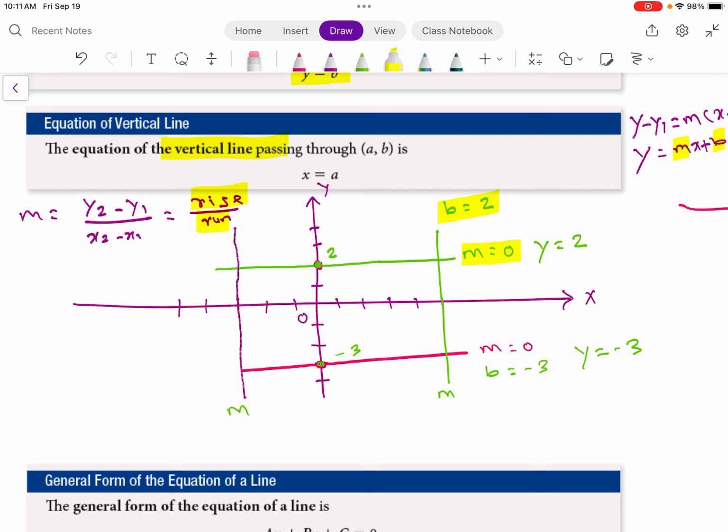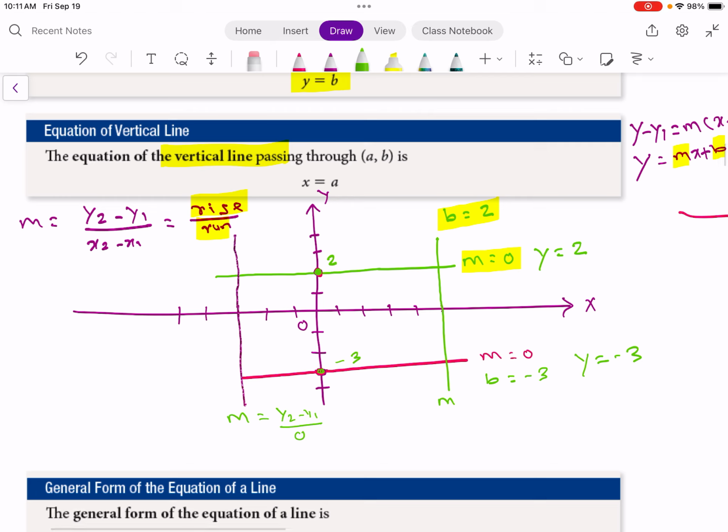So our m is undefined, or we can write our slope equals y2 minus y1 divided by 0. Now, what do we call the points where a straight line crosses the x-axis?